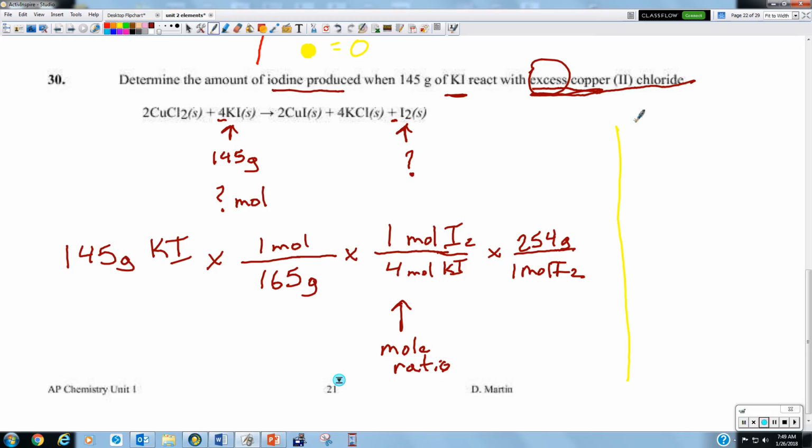So step 1, convert given to moles. Step 2, I guess, cross the mole ratio.